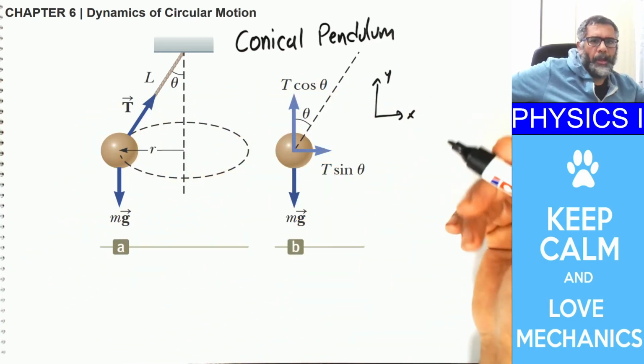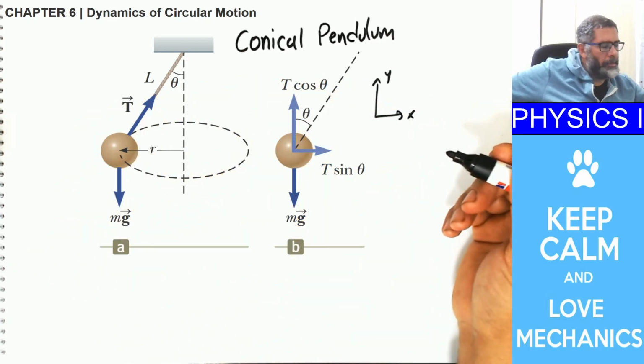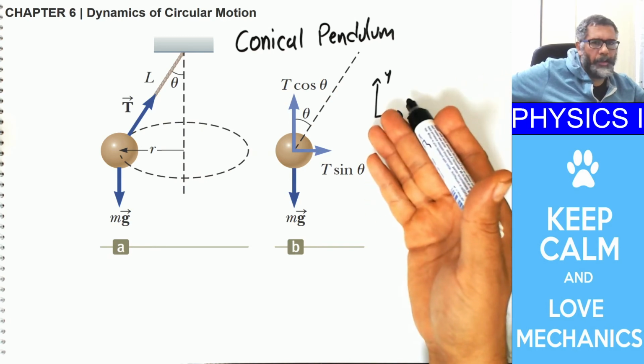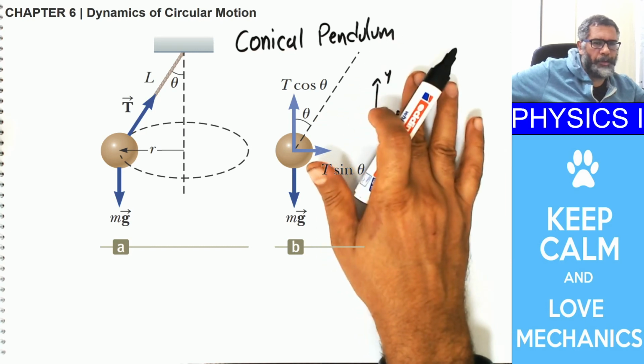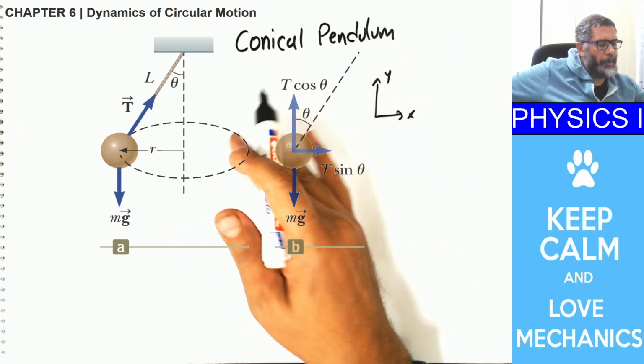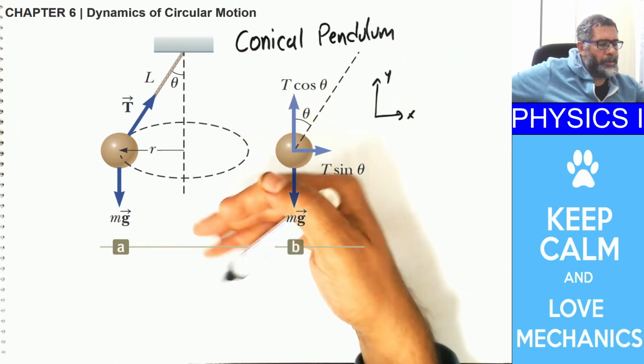Okay, so you can write down Newton's second law for that coordinate system, y and x, which is a plane perpendicular to the circular plane.